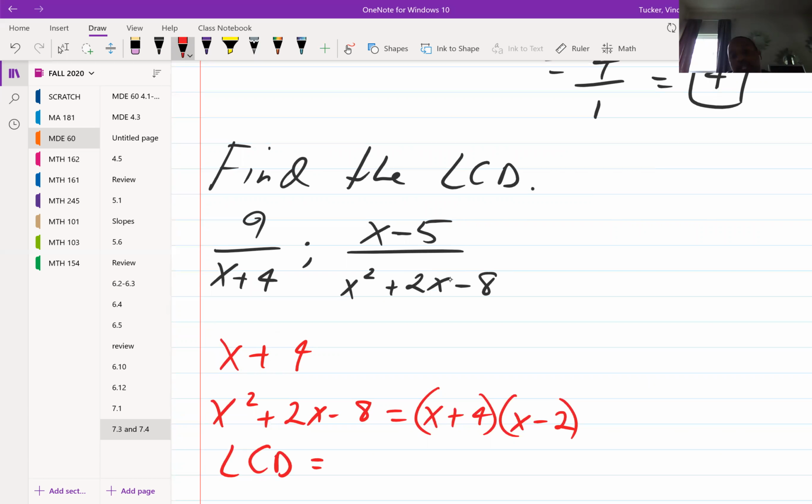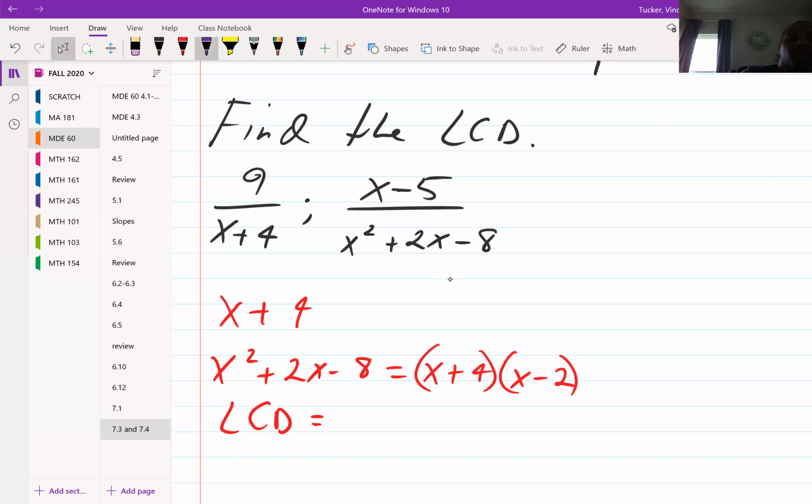So what you would do is take the highest power of each quantity that's being represented. There are no powers here, so there's nothing to write down but what we see. But you don't write down anything repeated. So notice we have x plus 4 here and x plus 4 here. I would not write x plus 4 twice if I want to write the LCD. So all I would do is when I run across x plus 4, that would be my first representation of x plus 4.